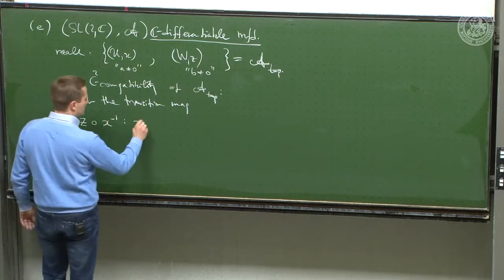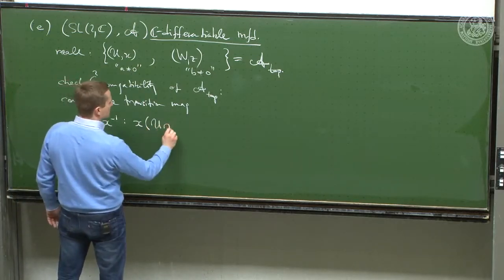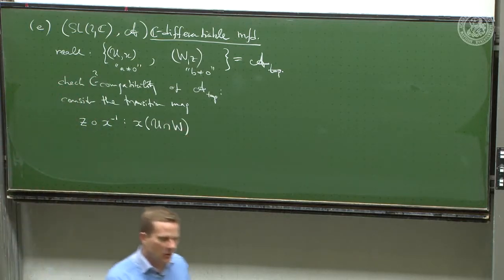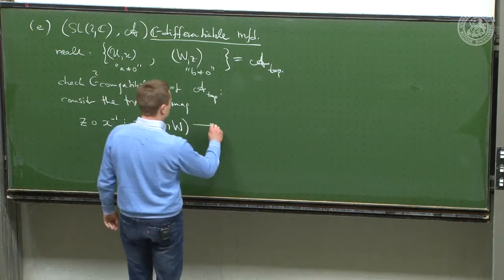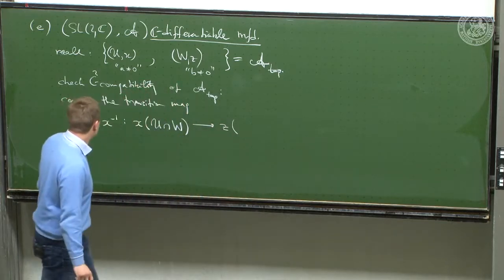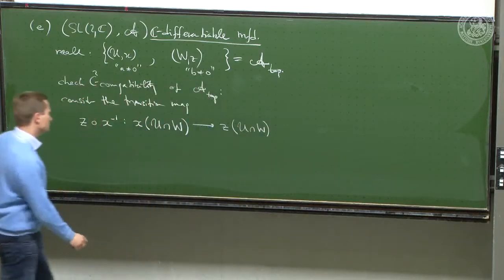Where does this start? It starts at the image of X of the intersection of U and W, because the transition map, of course, can only look at a domain that's the intersection of the two charts, and it maps you to Z of U intersected W.